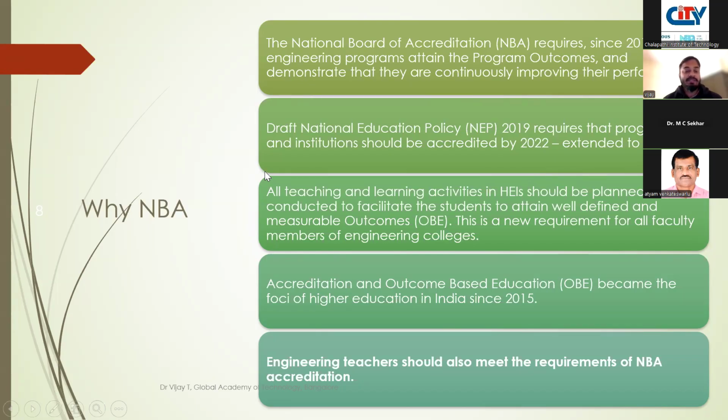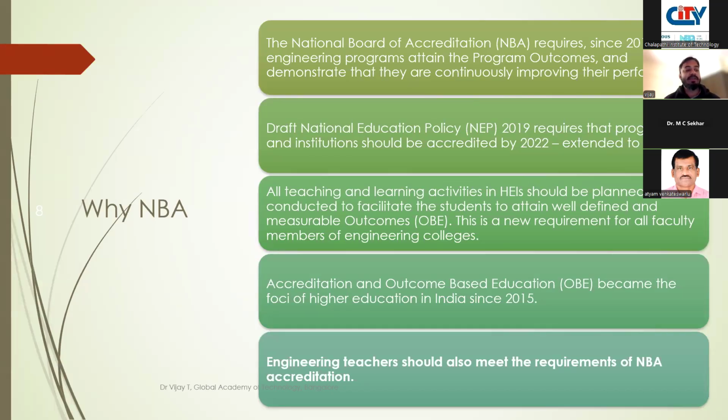The draft NEP, which came in 2019 and was amended in 2020, states that all institutions have to be accredited by 2022, but that did not happen and they have extended it till 2030. All teaching and learning activities in higher education institutes should be planned and conducted to facilitate the students to attain well-defined and measurable outcomes.